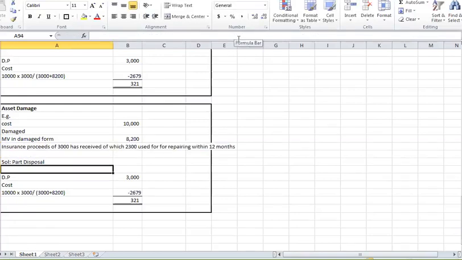So this is another scenario. We have received money from the insurance company, and we have used this money for repairing the asset, and the asset has been repaired within 12 months.